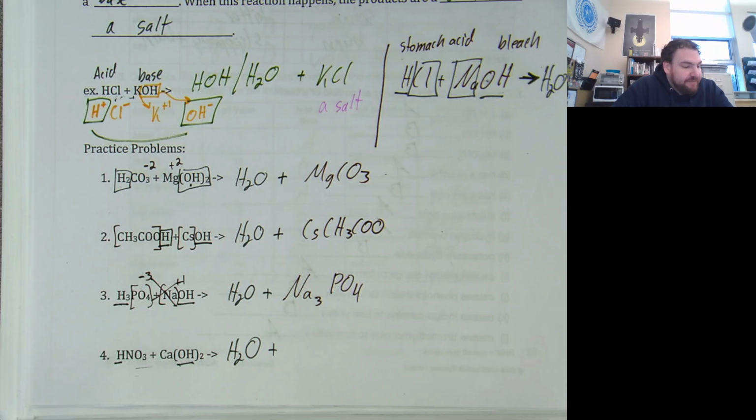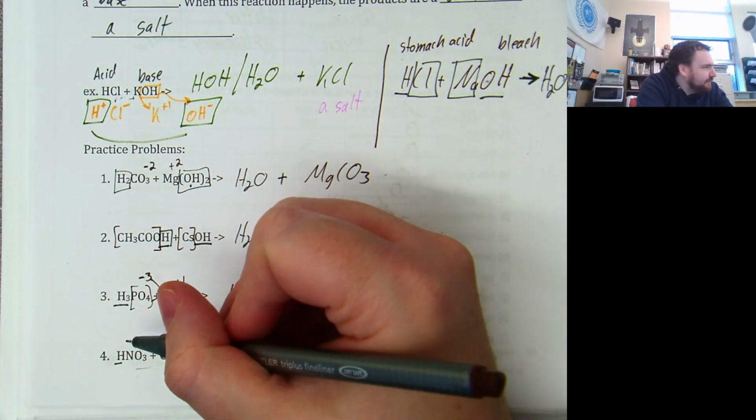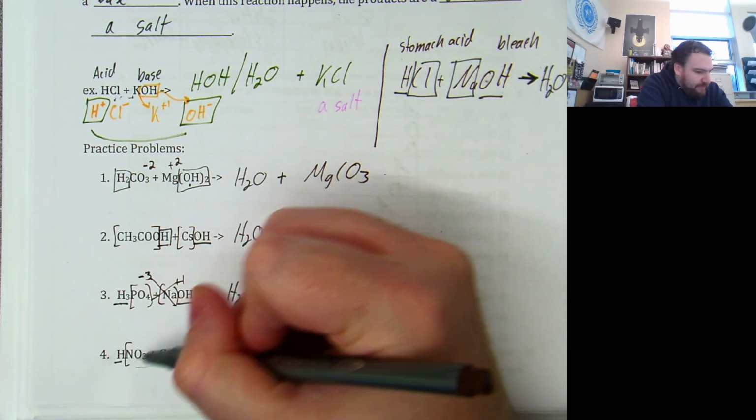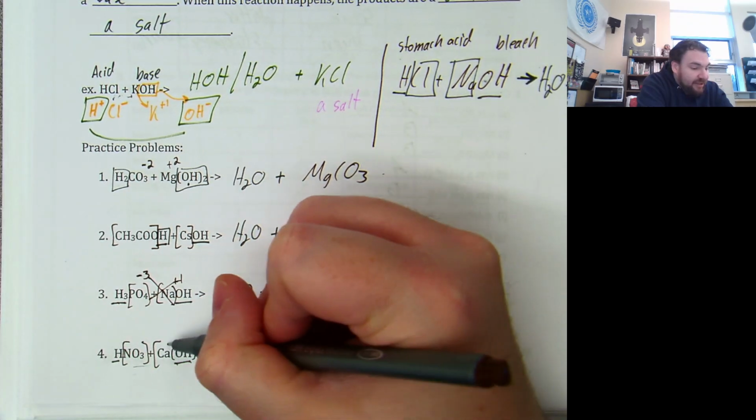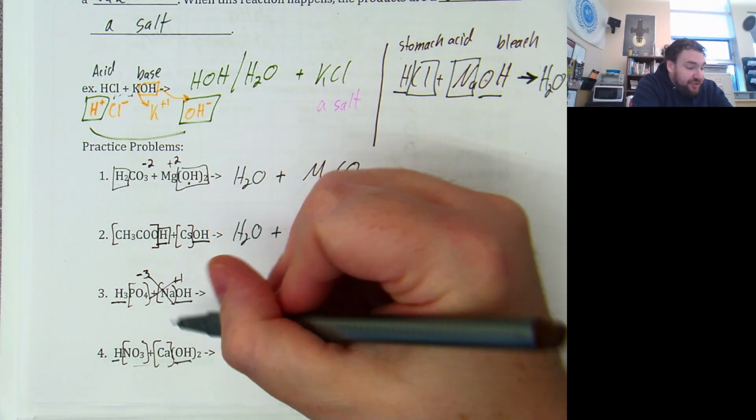And then the last one here. Good one. Let's take a look. What's the charge on Ca going to be? The charge on Ca is going to be +2.